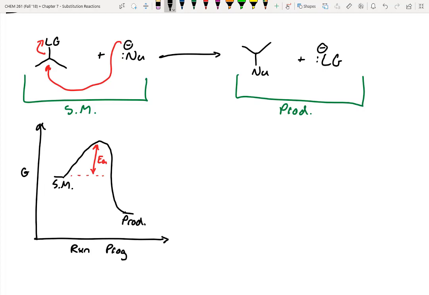Now what we need to do is to figure out the rate equation for this reaction. Does the concentration of the thing with the leaving group matter? Yeah, absolutely. Does the nucleophile concentration matter? Yeah, because this reaction involves the collision of those two things, right? So the rate now is going to involve the nucleophile concentration times the concentration of the thing with your leaving group.